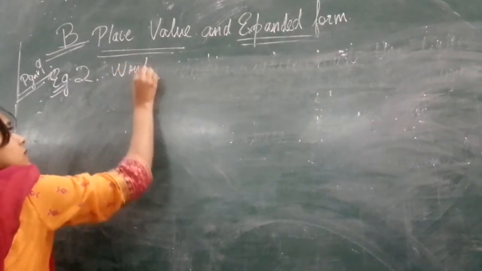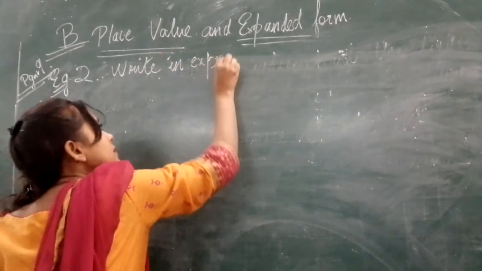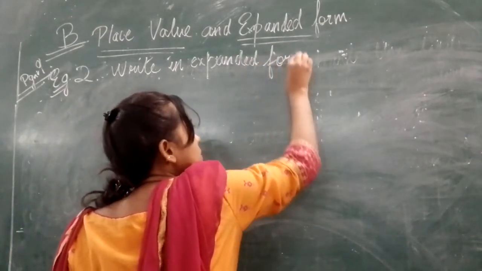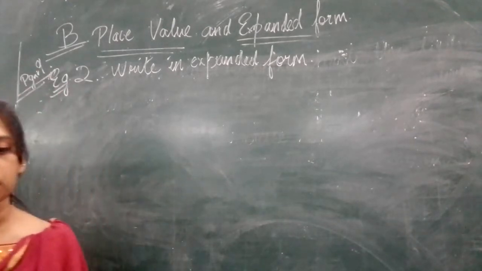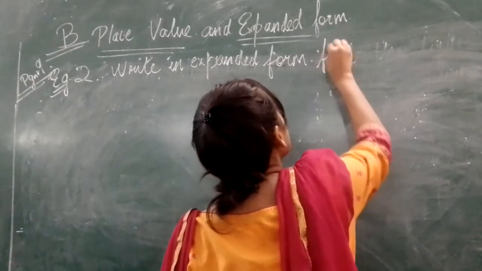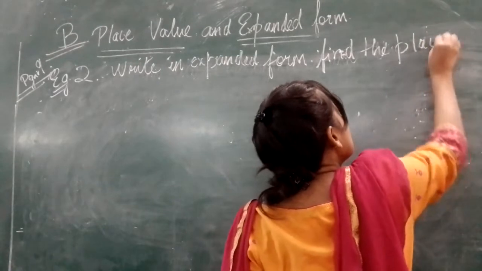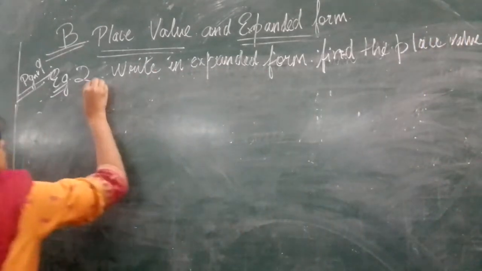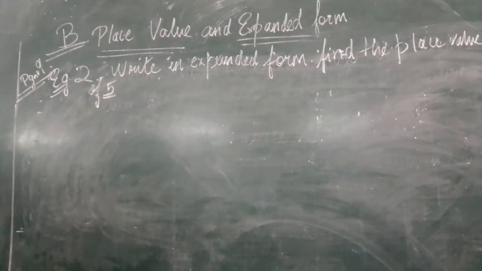The question is: write in expanded form, and then you have to find the place value of 5 in words and figures.